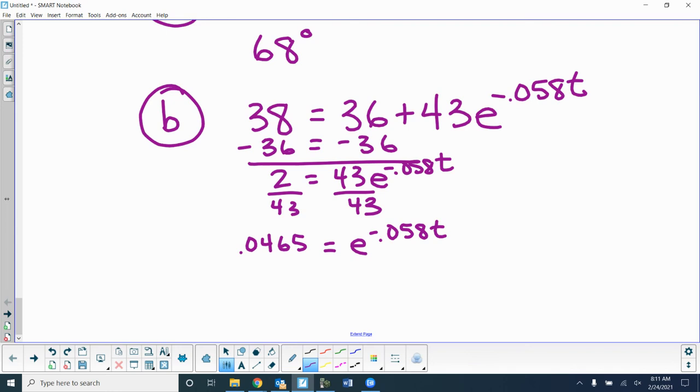Now, we had an equation on Monday's homework that said e to the x was 10, I think is what it was. How did I get rid of that e? You guys remember? Natural log, yeah. When you see that e as a base, you hit natural log in front. Instead of log, we want to do natural log.